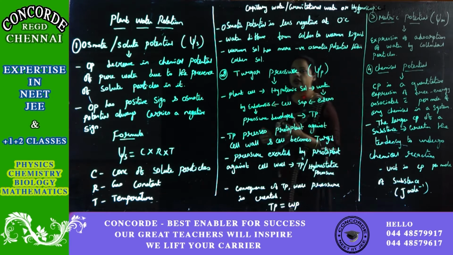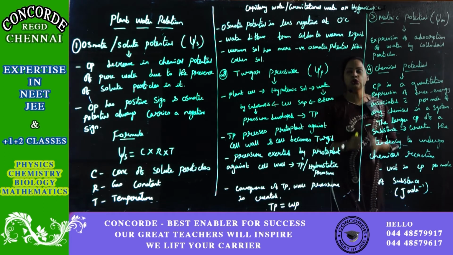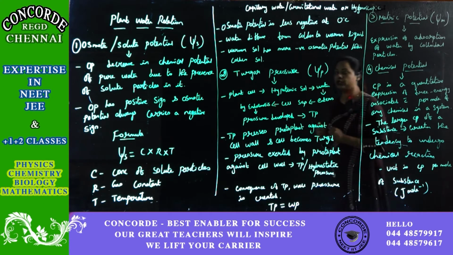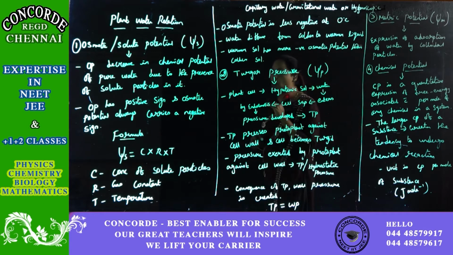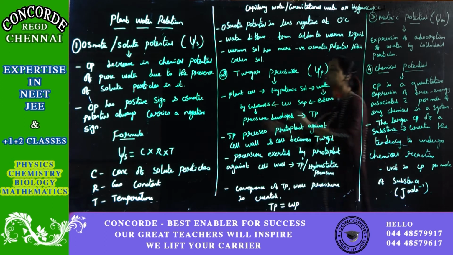Because of that negative sign alone, water is transferred from the colder part to the warmer part. Usually, a warmer solution has a more negative osmotic potential than a colder solution. So this is about osmotic or solute potential.